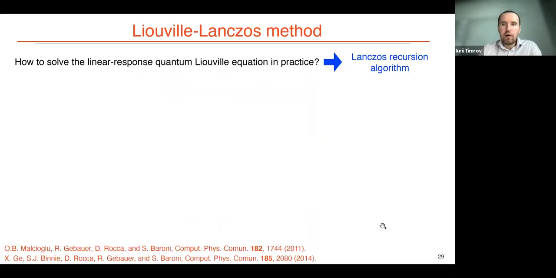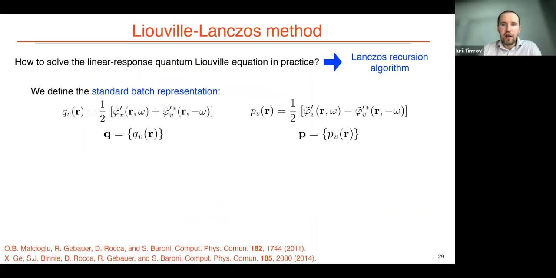Okay, now we have these beautiful equations and we want to solve them in practice somehow. And this brings us to the Lanczos method. I don't know if you heard about the Lanczos method or not, but this is a very powerful method to solve this problem. We define the standard batch representation. We introduce new variables called Q with the index v and P with the index v.